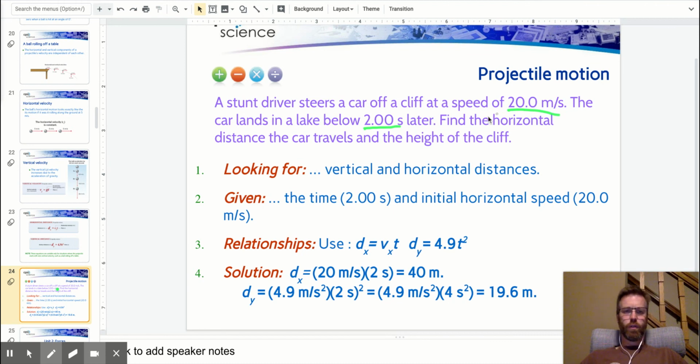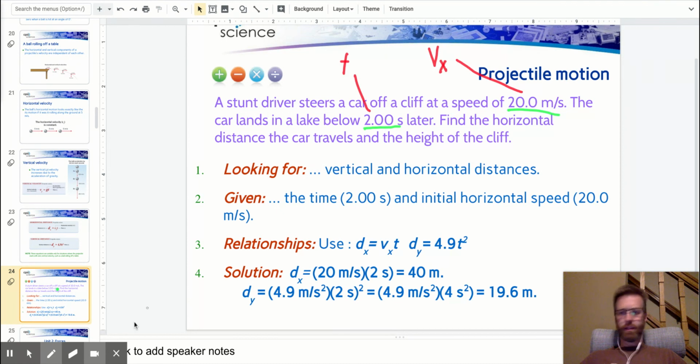Find the horizontal distance the car travels and the height of the cliff. So we're given a couple of things. 20 meters per second, that is a velocity in the x direction because it's only sideways, right? 2 seconds later, well, that's a time.